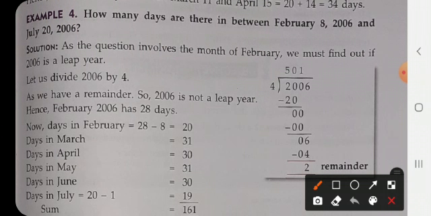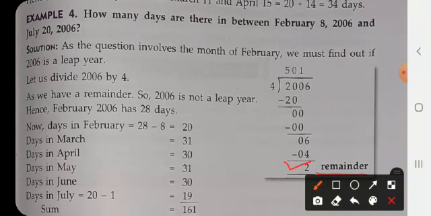If 2006 is divisible by 4, then it is a leap year. Otherwise, it is a normal year. So it is not a leap year, since it has a remainder of 2. Right? Now we will see how to calculate it.